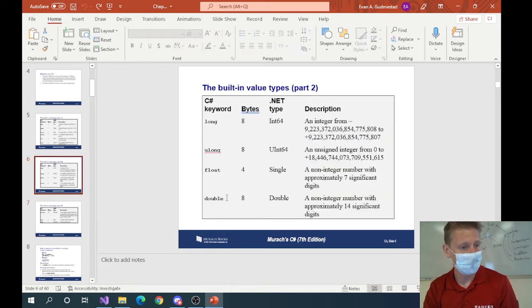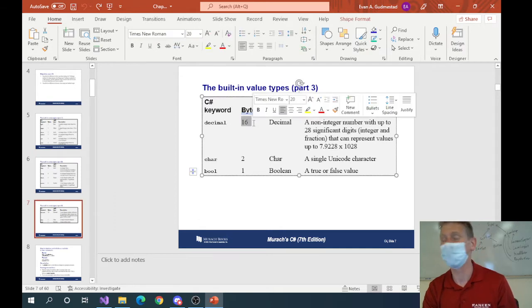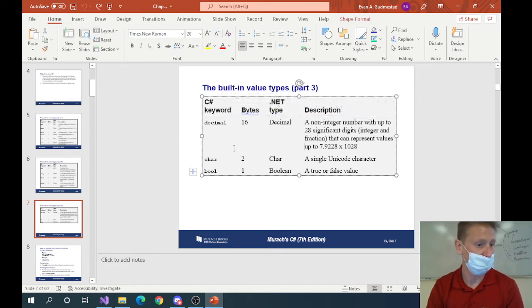Looking at the sizes, a float is 4 bytes, a double is 8 bytes, a decimal is 16 bytes.